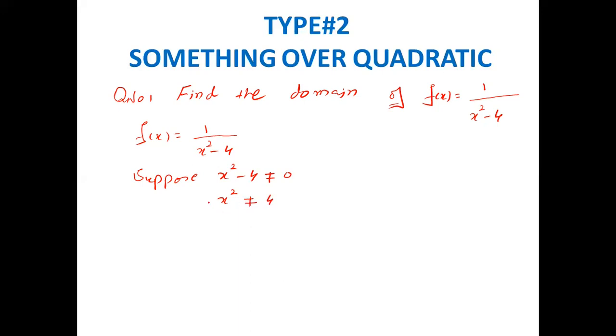Taking square root on both sides, you can see this square is cancelled by square root. So write x is not equal to square root of 4, which is plus minus 2. So write plus minus 2.